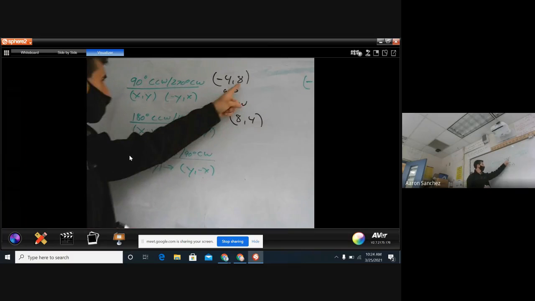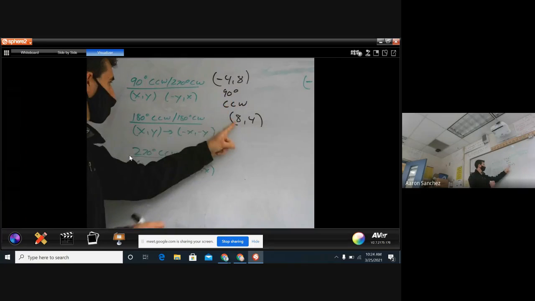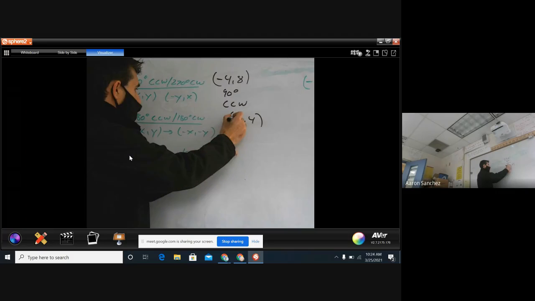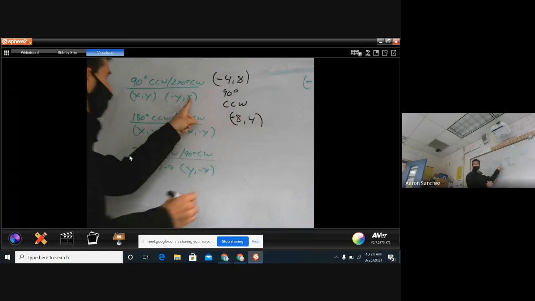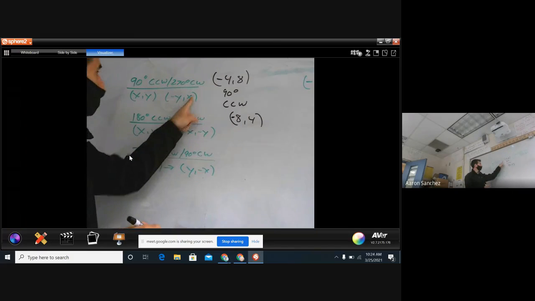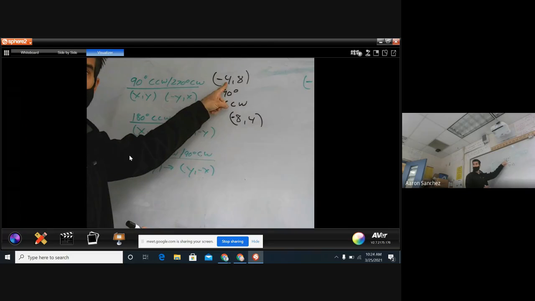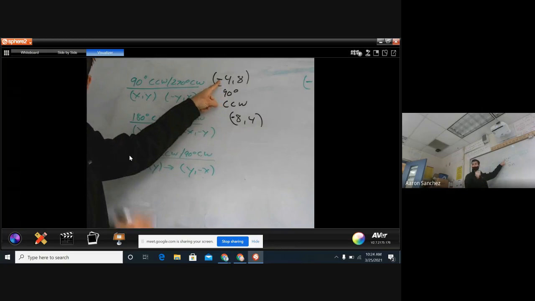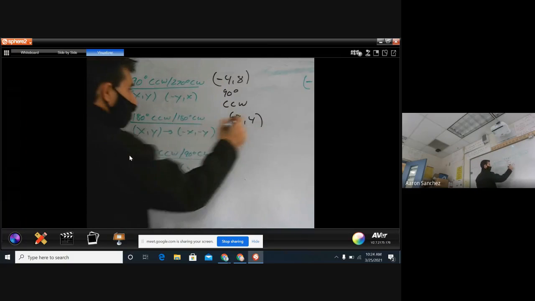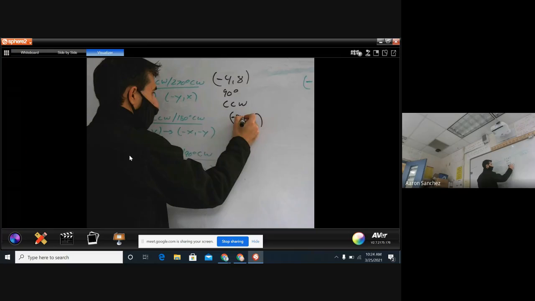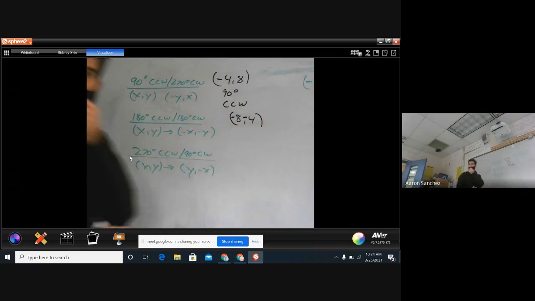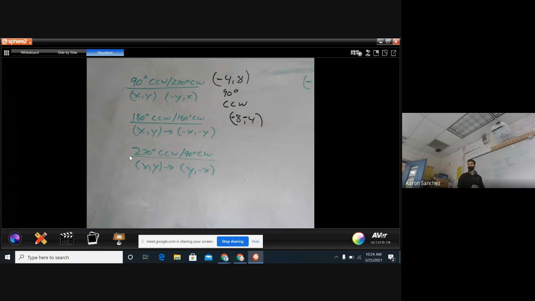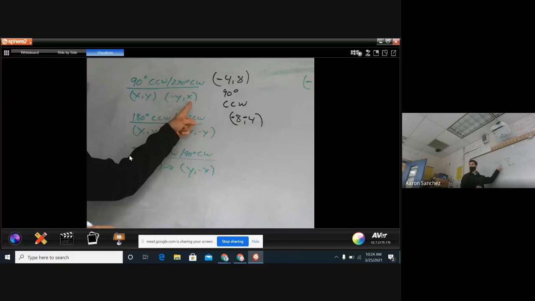The 8 was positive, so now we make it negative. The x stays the same. What was the x before? It was negative, so this stays negative. So that's the other way you can do it, guys. Just think same, change, right?